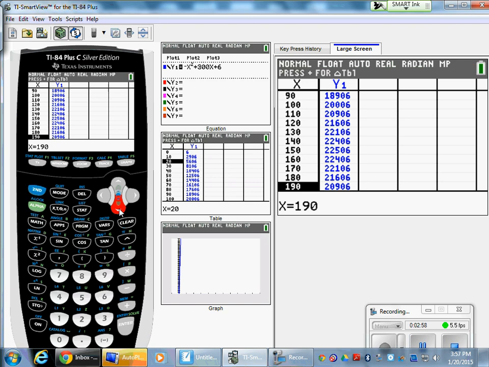Still going, now it's going back down, 21,000, 20,000, and back down to 6.